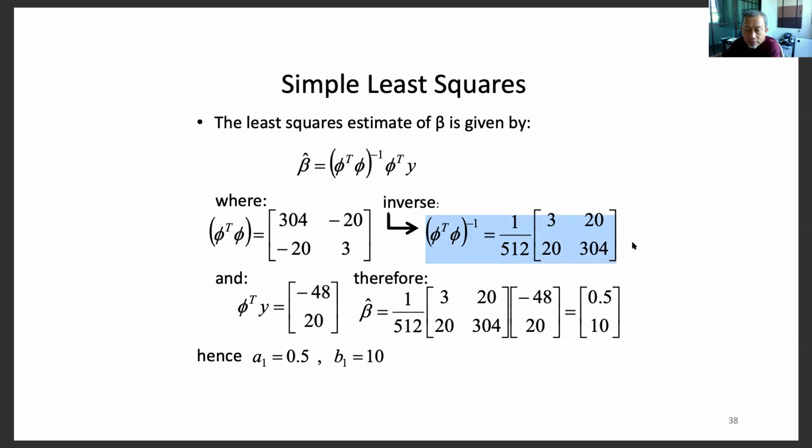And then multiply the transpose with y, which is minus 48 and 20.